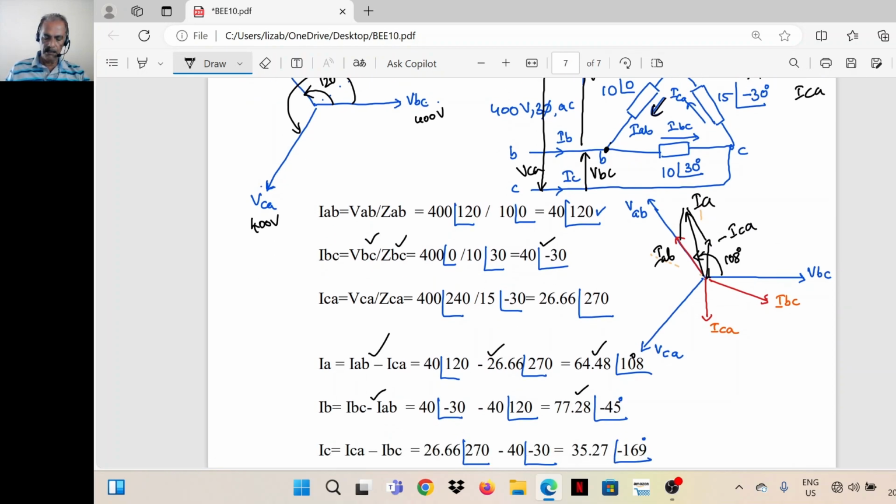Then IB is IBC minus IAB. So IAB is here, minus IAB is here. Complete the parallelogram, draw the diagonal, that is IB. So it's an angle of minus 45 degrees. Magnitude is 77.78. Then IC is ICA minus IBC.